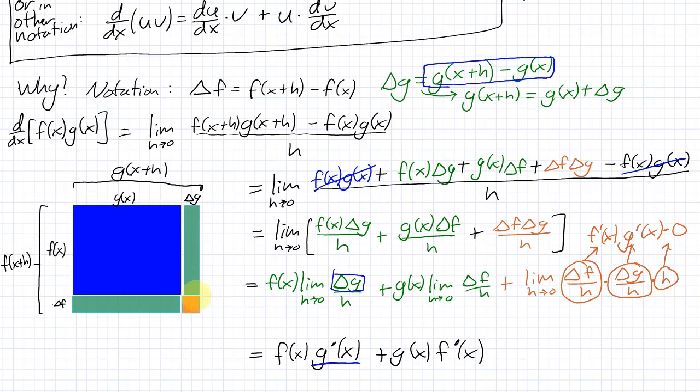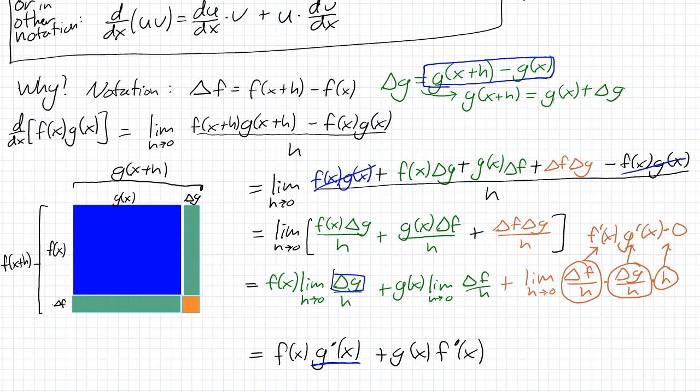Both of the side lengths are approaching 0, so it approaches 0 faster. But these other ones only have one side length that is approaching 0, and so when you divide by that change in x, the result just ends up being a nice derivative. So it works out nicely there.